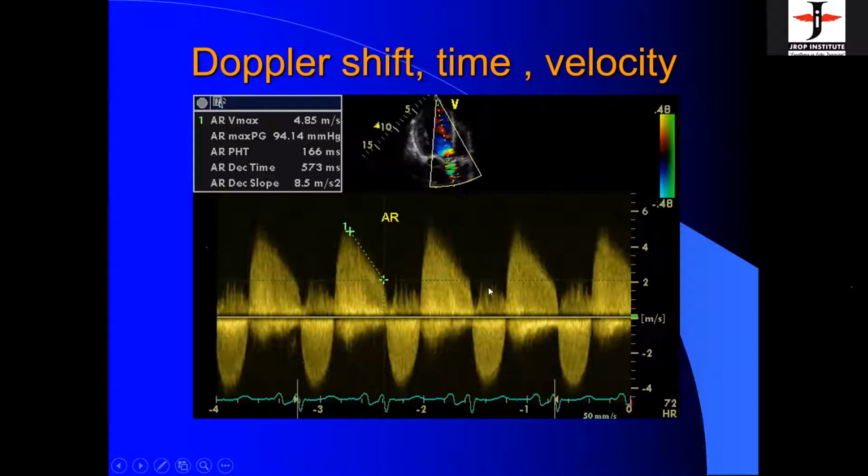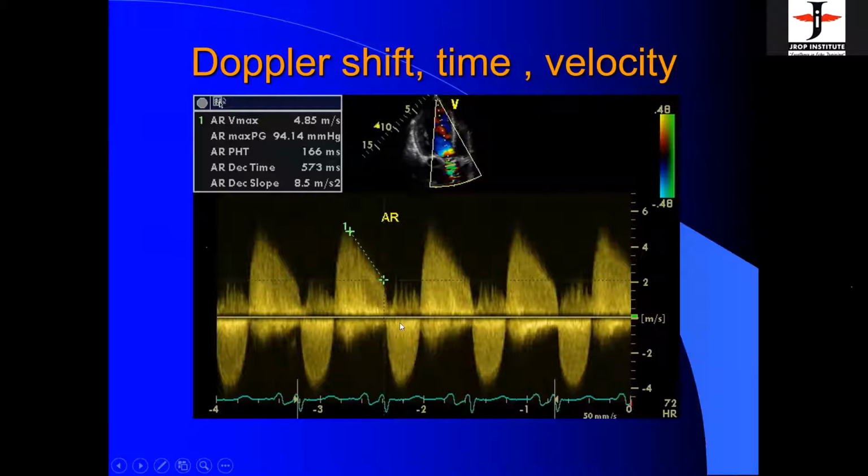So this is just to show in the same slide that the flow away from the transducer, which is in systole, is the forward flow, and the flow which goes back, which is in diastole, starting from the T wave to here, goes towards the transducer. That is a positive Doppler shift and a negative Doppler shift. That is just to show how we can see aortic regurgitation from one of these things also.